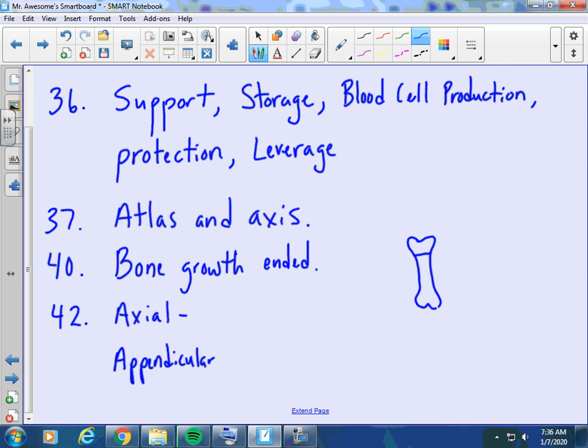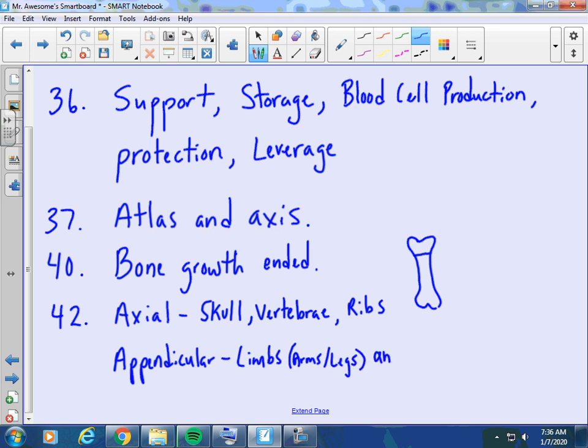So we're talking about the skull, the vertebrae, and the ribs. And the appendicular skeleton would be the limbs, so arms and legs, and their points of attachment.